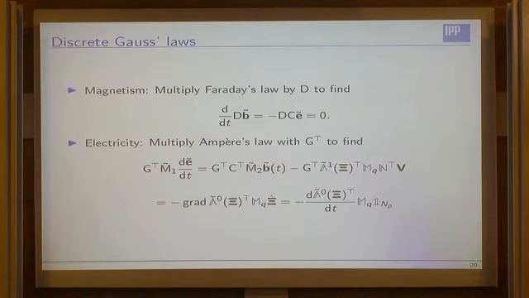If we take the D matrix and apply it onto Faraday's law, we can show that the divergence constraint for the magnetic field is satisfied. In the same way, taking the G transpose, which is also the D matrix, of Ampere's law, we can show that the Gauss law is satisfied.